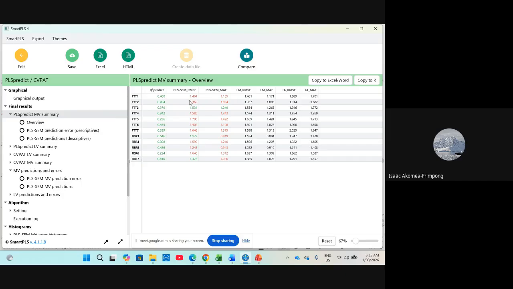If I compare the two, you can see that the first one is red. Why? Because my PLS-SEM is greater, it should be smaller. So this is 1.464 and this one is 1.461. That means the linear regression, if I'm going by the traditional way, will be better than the PLS-SEM. That means there is a problem in terms of its prediction capacity or prediction efficacy.